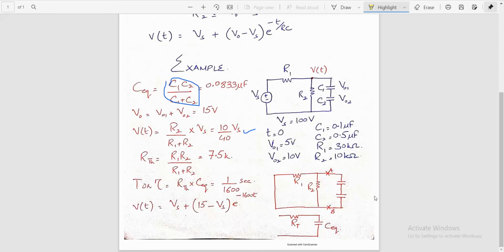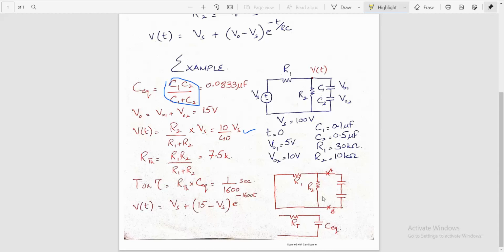And at last, you can have your Thevenin equivalent with the Thevenin resistance and the equivalent capacitance, RT and CEQ. The time constant is equal to Thevenin resistance times equivalent capacitance, which comes out to be 1 over 1600 seconds. Just use these values in the above equation.